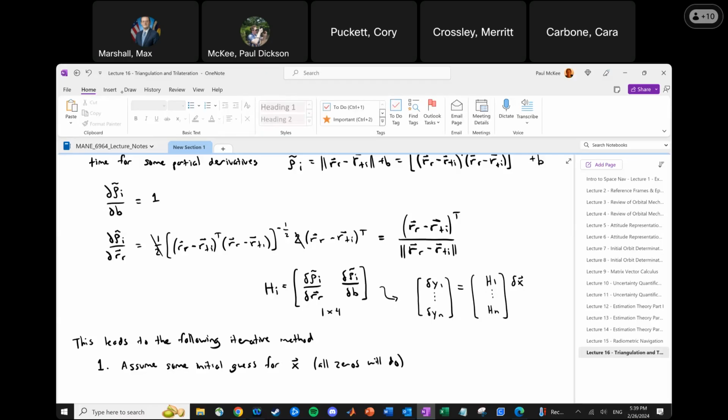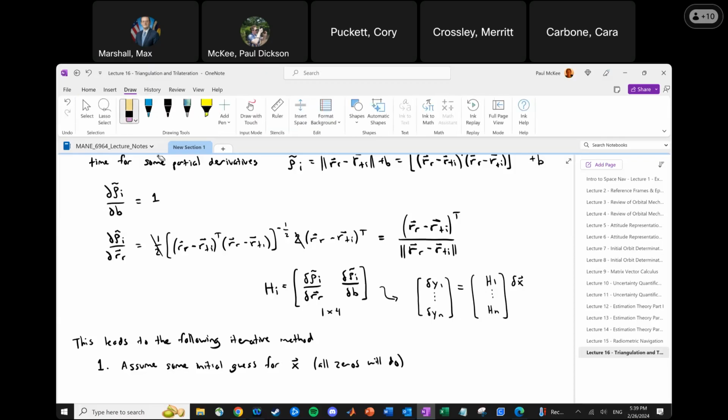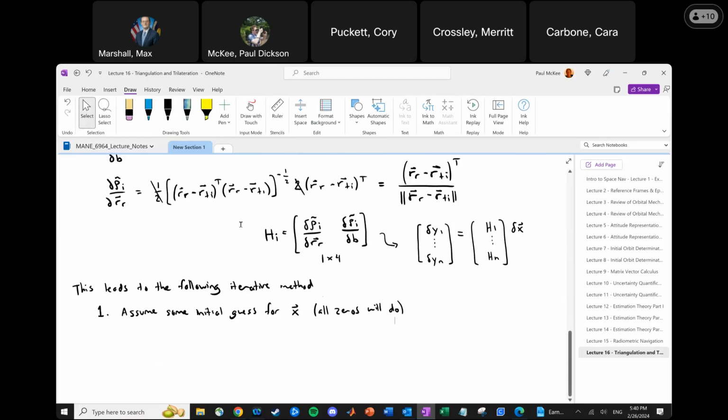Whenever we do stuff like this, there's a chance that you just spiral off or that it converges to a local minimum but not a global minimum. This particular algorithm is actually pretty darn robust. So you could start with my position and my bias all zeros, just a 4x1 of zeros. And then it'll actually still converge usually in a relatively short number of iterations. So in this case, we can get away with it.